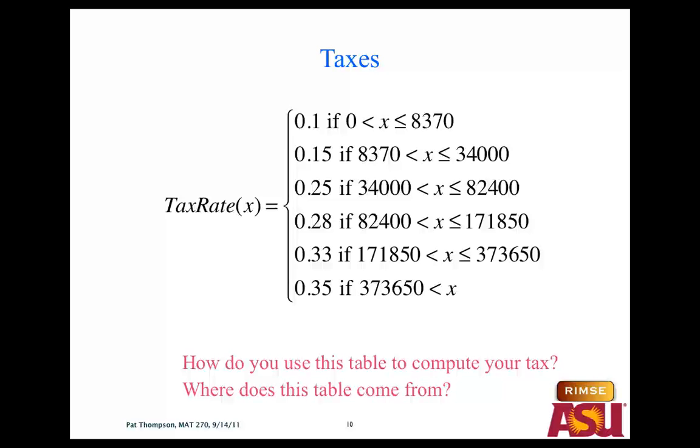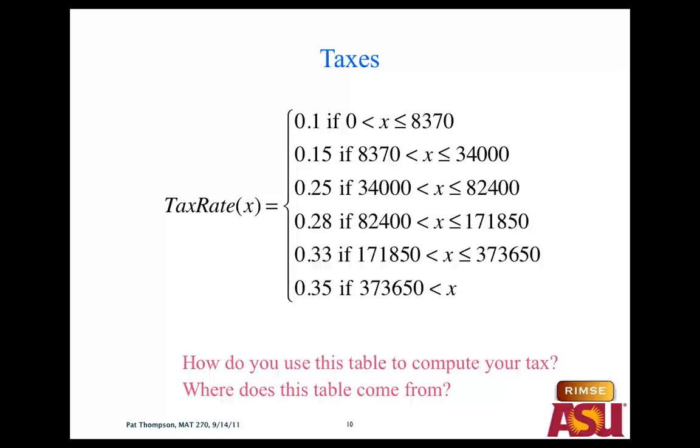Over the course of the year, so here's January 1st, December 1st. Say you make $100,000. So you make that $100,000 gradually over the year, right? So at some point in the year, maybe January, February, somewhere, you hit $8,000.